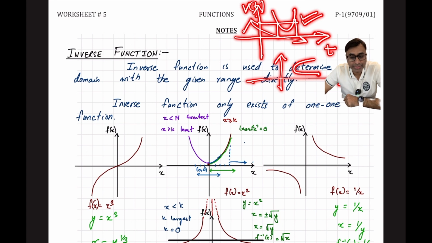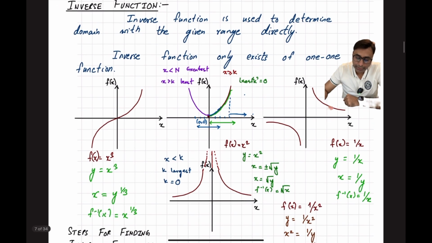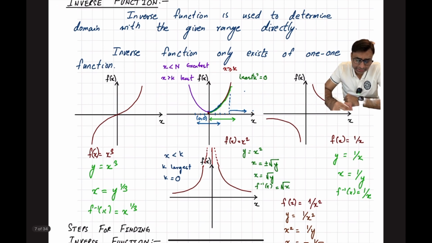Only those functions which are one-to-one, which are not repeating themselves, can have inverses. So if a function repeats itself, yes, it is a function, but such a function will not have an inverse function.